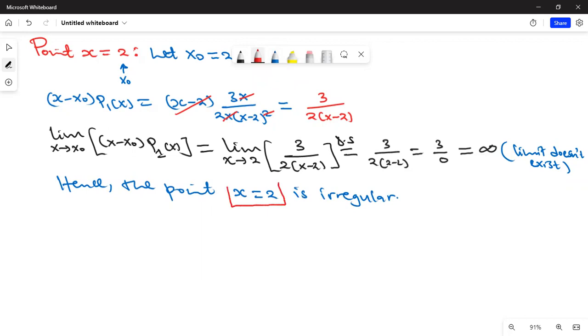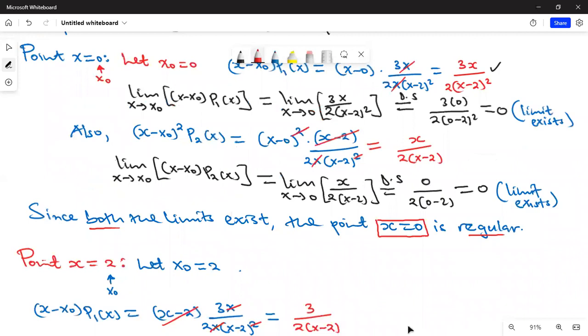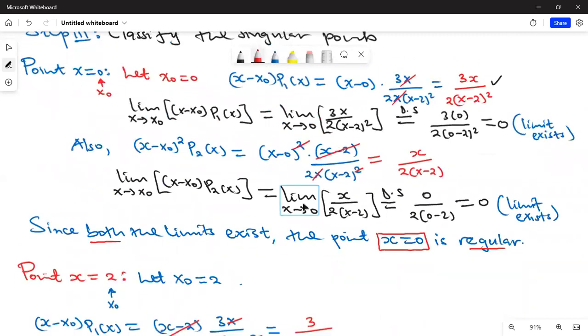So when you talk of irregular, you realize that the new functions are not analytic at that point. When you talk of regular, those new functions, what you're calling x minus x naught times p1 of x, and x minus x naught squared times p2 of x, remember here there was a square, must also be analytic at that point, x naught.